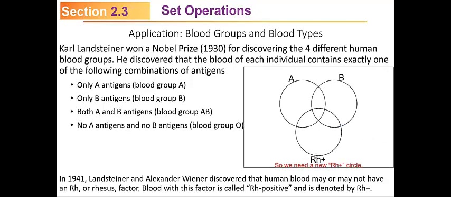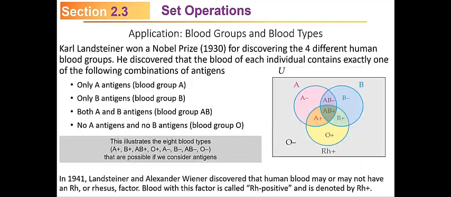Once the Rh factor was discovered, the Venn diagram goes from having 2 sets, A and B, to having 3 sets: A, B, and then a circle for the Rh positive factor. So we throw in an Rh plus circle. It makes it more complicated, but it does explain how the Rh factor fits in with the blood types.